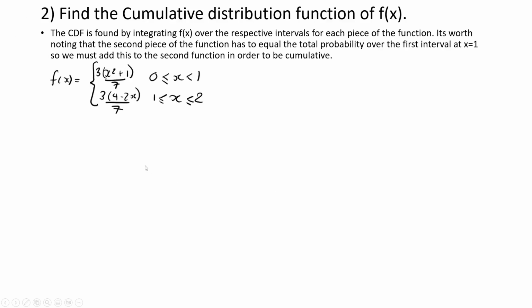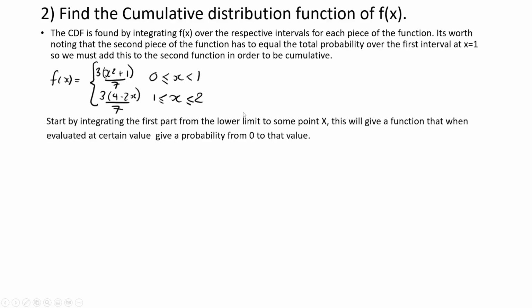So this is our PDF. We're going to integrate the first part then from the lower limit to some point x. Note I've used a capital X, and this just stands for a particular point, and as the function's defined over lowercase x, I'm using a capital X because I need to really use a different letter.